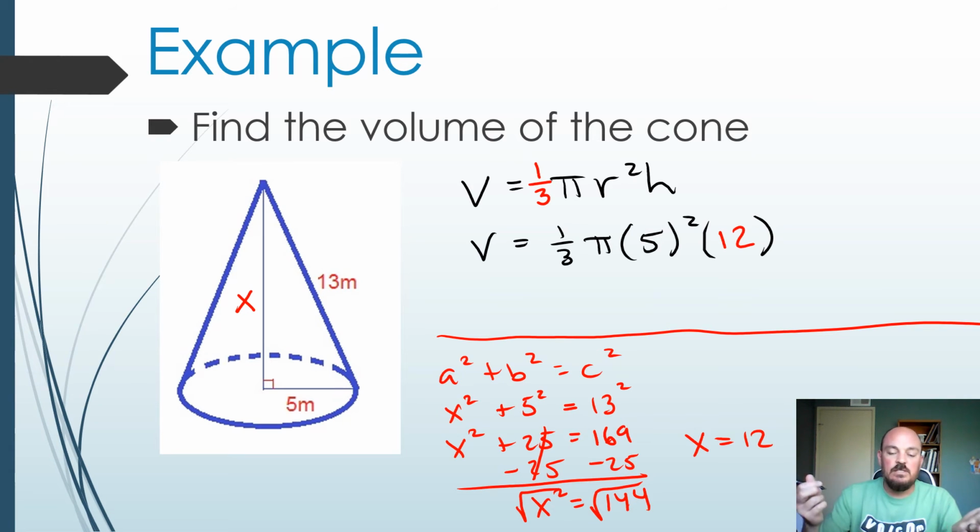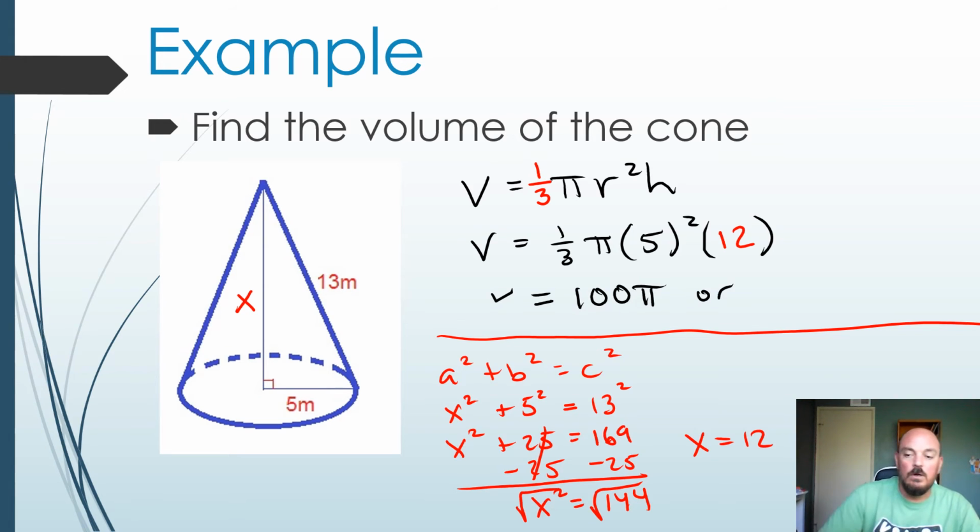So what we do is, again, a third times 12 is 4. 4 times 25 is 100, so you get 100 pi. So the volume ends up being 100 pi, or about 314, and that would be in cubic meters again.